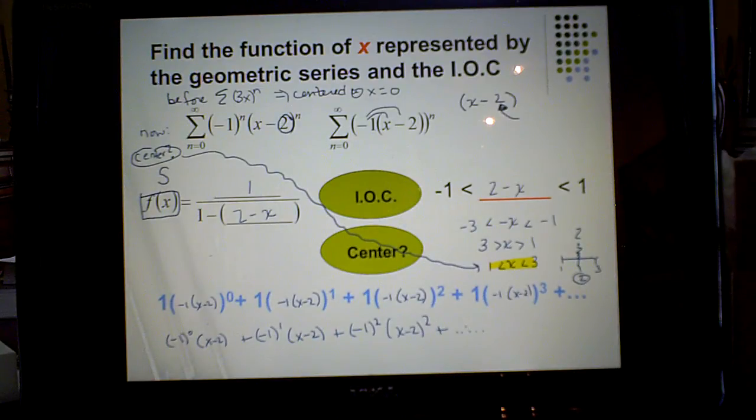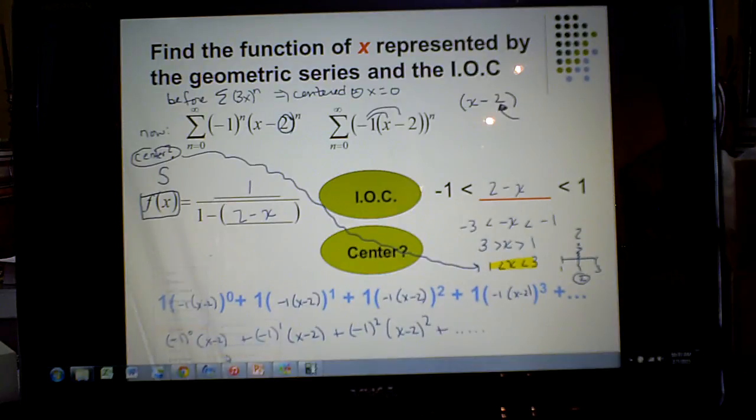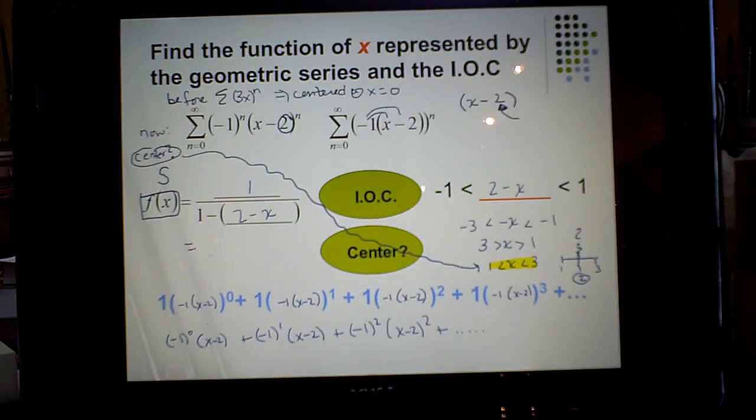So let's look at this on the calculator. Oh, before I do that though, let's clean this up. So this is 1 over, right, 1 minus 2 is negative 1, and then this is plus x, right? So this is 1 over x minus 1, if I did my math right. So we are saying that 1 over x minus 1 is equal to this infinite series.